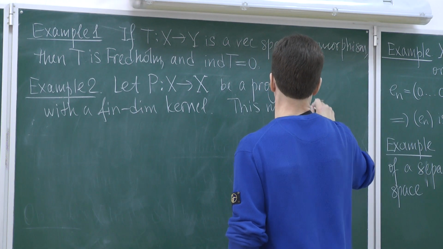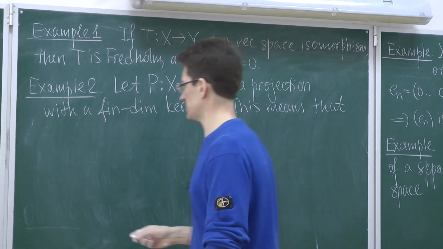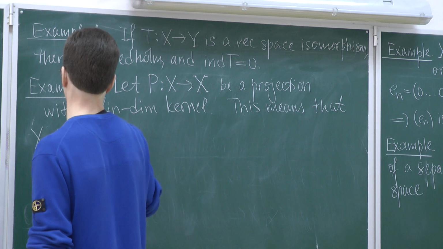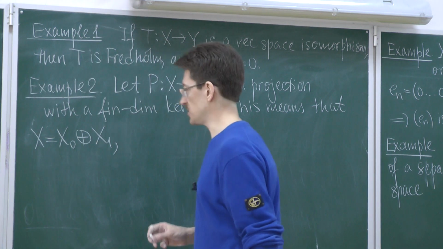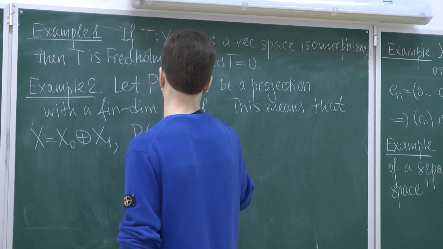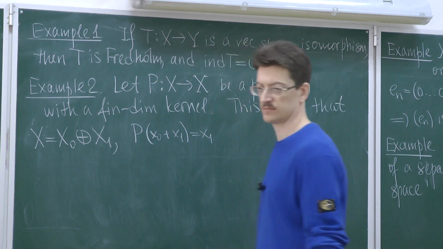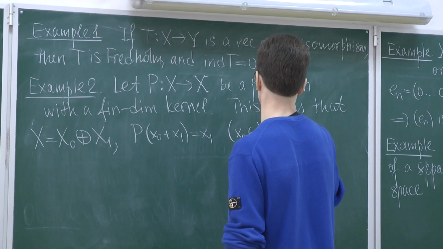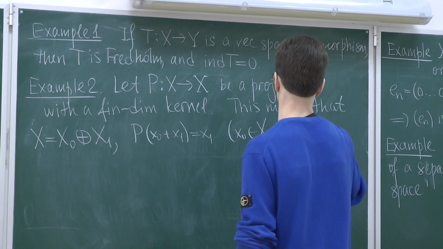This means that X can be decomposed as the direct sum of two vector subspaces X0 and X1, such that P acts by the following formula, for each x0 in the first summand and x1 in the second summand.